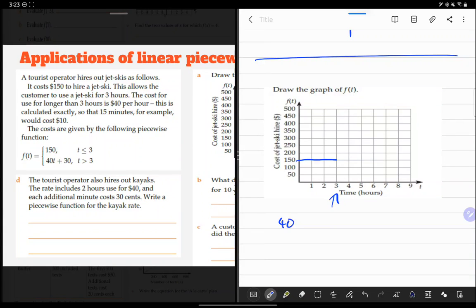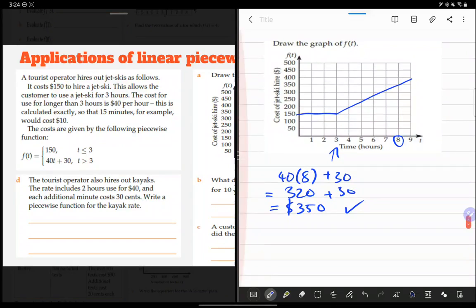So if t is 8, that's 320 plus 30, which gives me 350. Or dollars, to be precise. So when t is 8, the graph crosses right here. Now I know that's not a perfect straight line, but we get the point. That's the graph. All right, awesome.